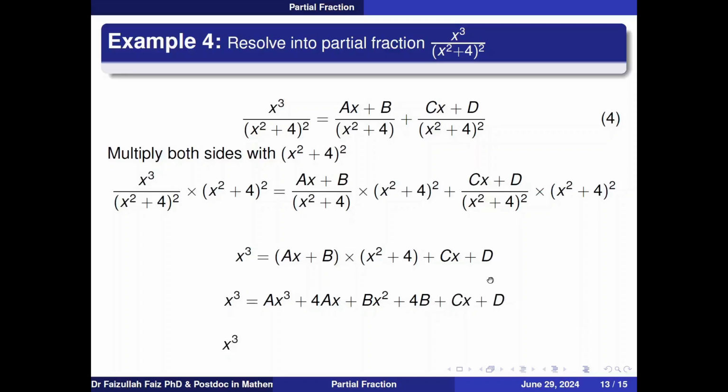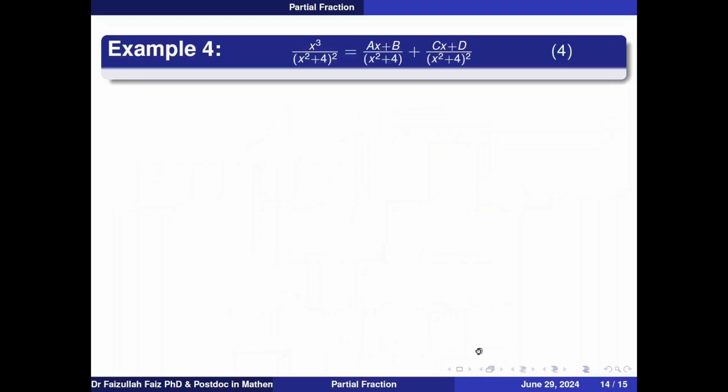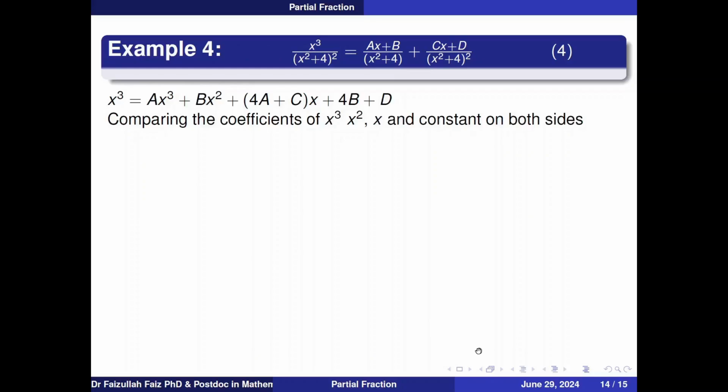Now rearrange and combine the terms in which we can see x is appearing. So we take x as common. We have 4a plus c whole into x and then write the constant terms. Finally, we compare the coefficient of x cube, x square, x and constant on both sides.